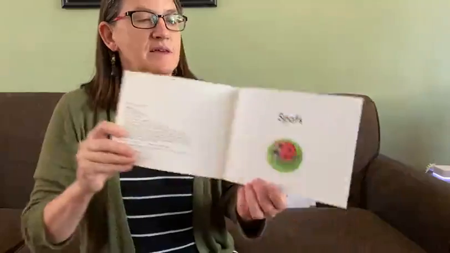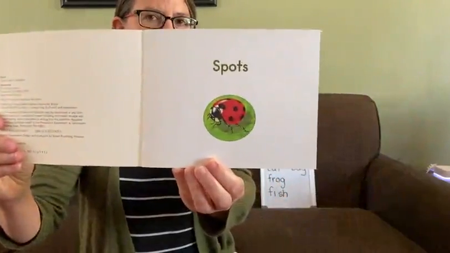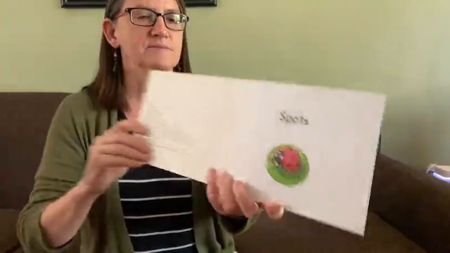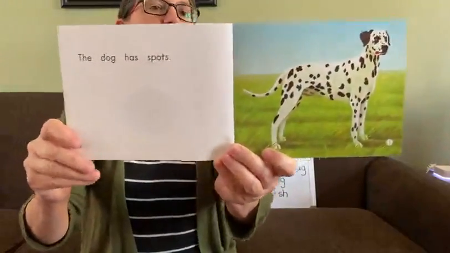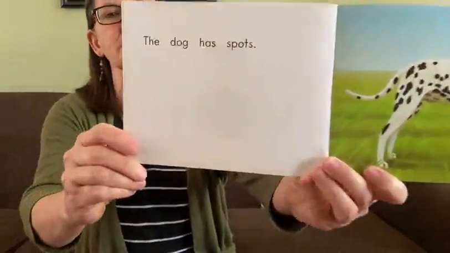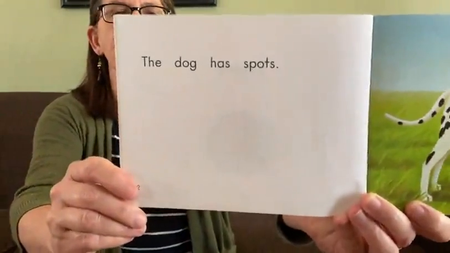There's the cover. Here's the title page, Spots. And here's the first page. I'm going to let you look at the picture and the words first, and then I'm going to bring the page in and hold it for a minute.